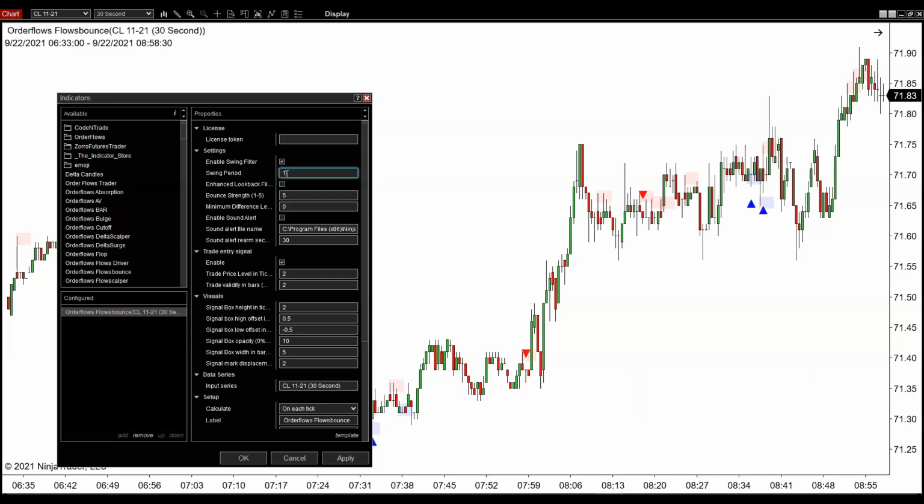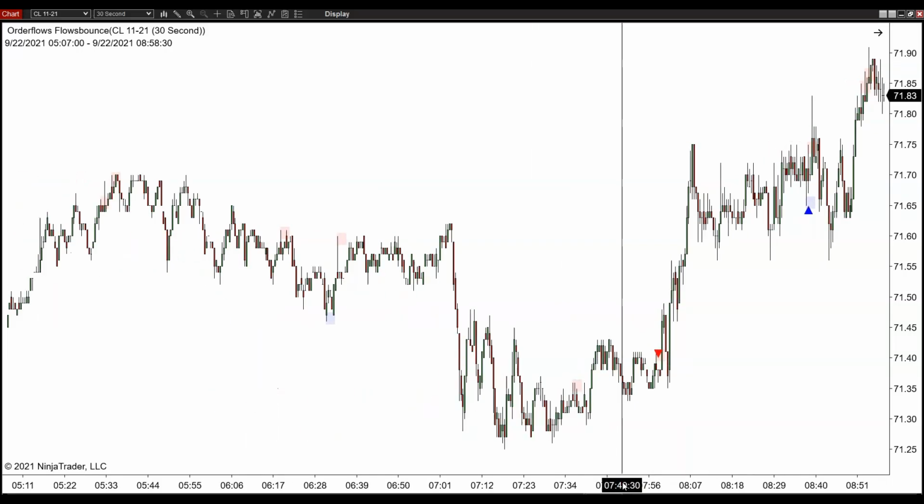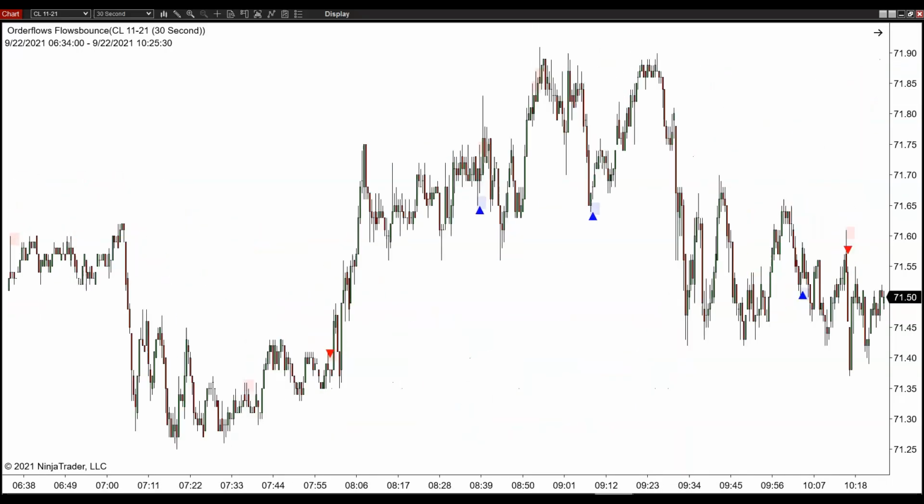But if you have a period like 10, okay, let's take a look. You're going to get fewer signals, right? Because 10 is a filter, the swing filter, and you're cutting out a lot of trades.